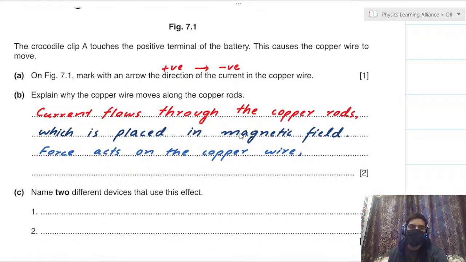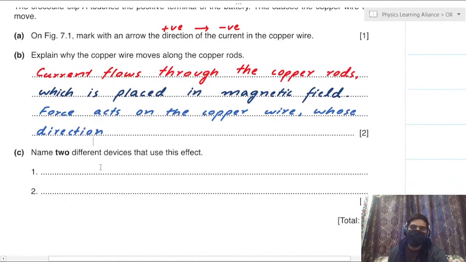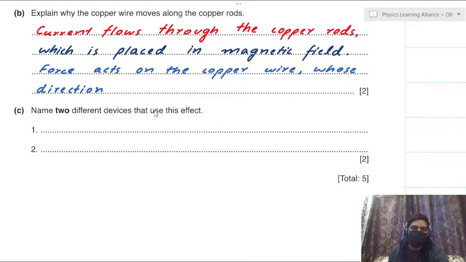And the direction of that force can be found out by using the left hand rule, Fleming's left hand rule.